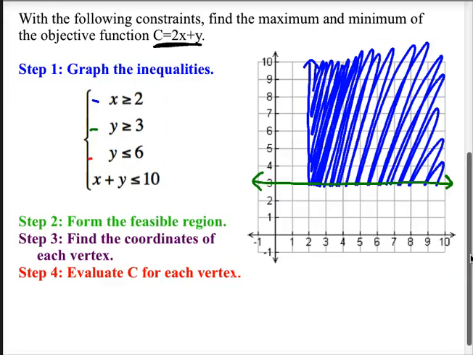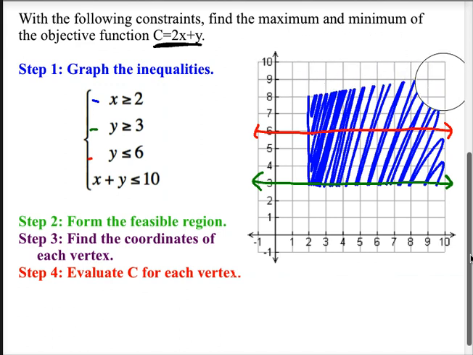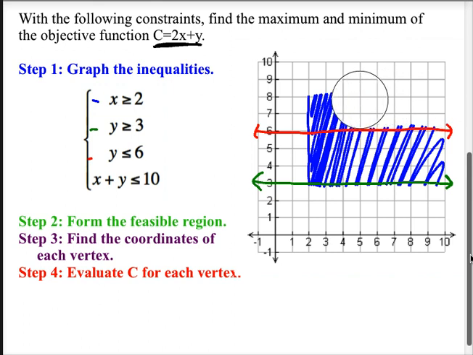Here's another horizontal line at 6. I want less than that line. So I'm going to erase what I don't want, and what I don't want is what is above that line. So I say goodbye to everything above it.